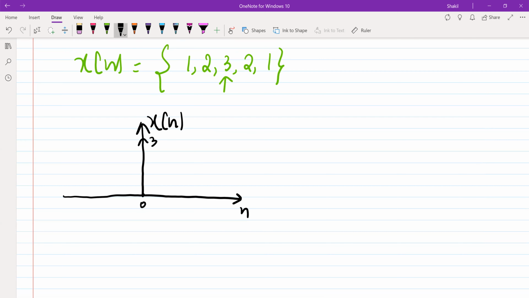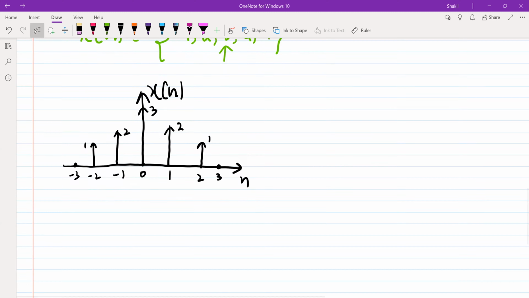The value when n is equal to 1 is 2. Similarly, the value when n is equal to 2 is 1, and the rest of the samples are 0. For negative values of n, the value is 2 when n is minus 1, and 1 when n is minus 2, and the rest of the samples are 0. All right, so this is our x of n.